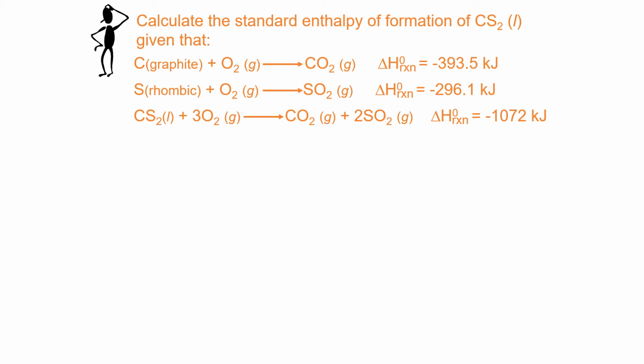So this is the format of a typical Hess's law problem, where you're given a set of equations with their associated standard heats of reactions, and asked to use them to come up with a standard enthalpy of formation for, in this case, CS2 liquid.